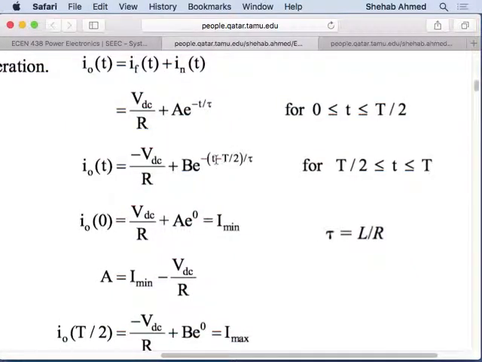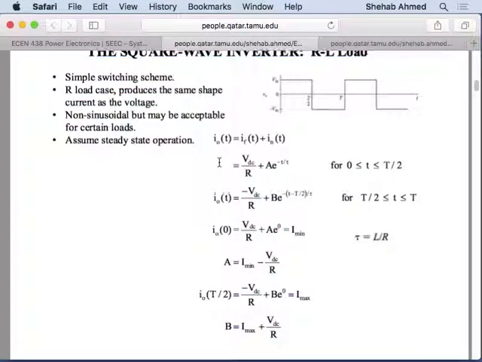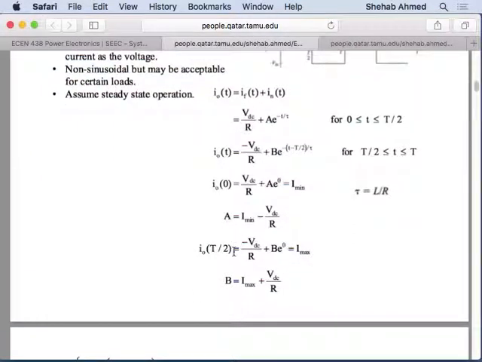If I substitute with t equals T over 2, that's my 0 condition. In that case, the current is equal to its maximum value at T over 2, so you will do that. At t equals T over 2, current is equal to I max, and you were able to find B as well. So you can find an equation for the current waveform when it's rising and when it's falling. You don't have a single equation for the current waveform anymore. Okay?